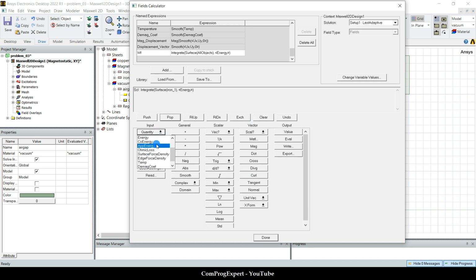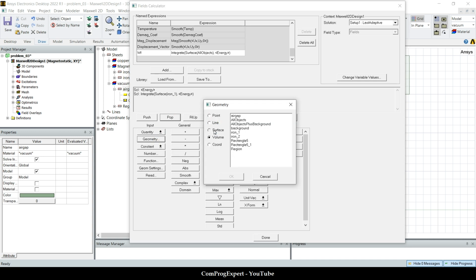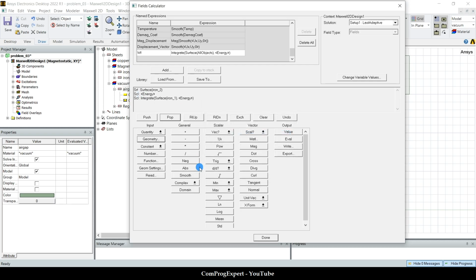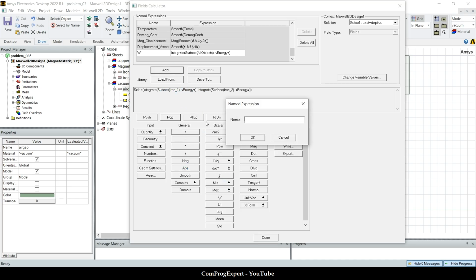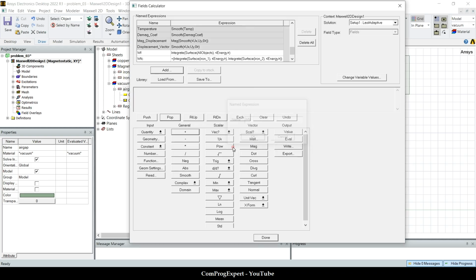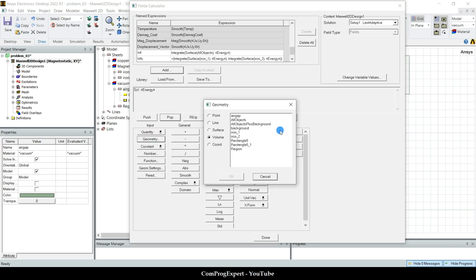The quantity, energy, surface object. Calculate integral. Integral of surface, right? Iron 1, energy. Finally, the summation of these two terms. This is the energy stored in the iron parts, in the core. And how much is the energy stored in the air gap?